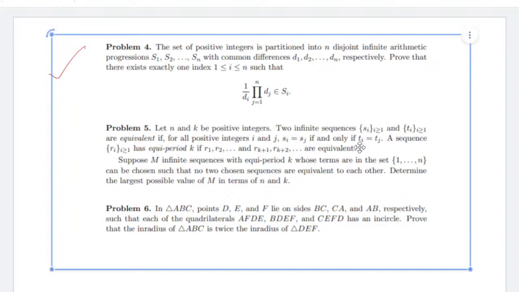So we consider the sum of all the Ai. So A equals A1 plus A2 plus A3 till AN. And let's say A is a part of some Sk, right? Now we can write A as dk plus the sum of all the other a's.